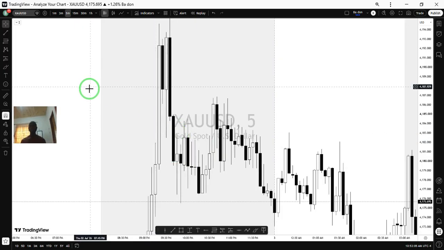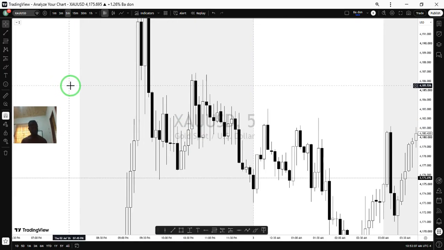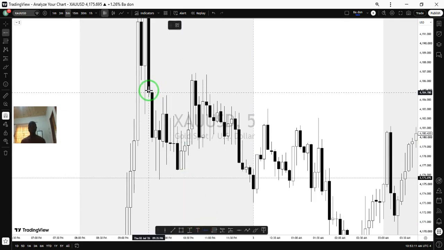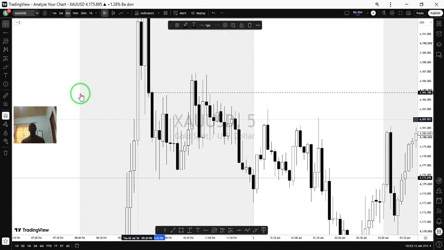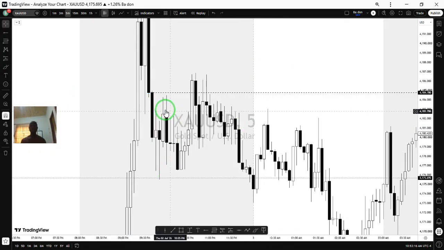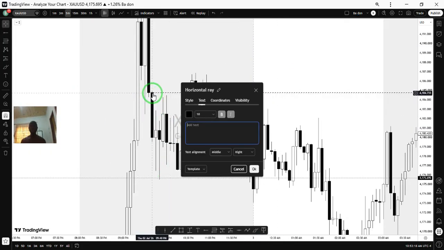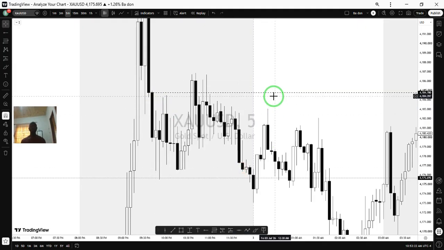And our POI, which is the point of interest, is the COL of those two candles, meaning the close and open of those two candles, where we will be looking for price to retrace into and give us the setup for our entry.